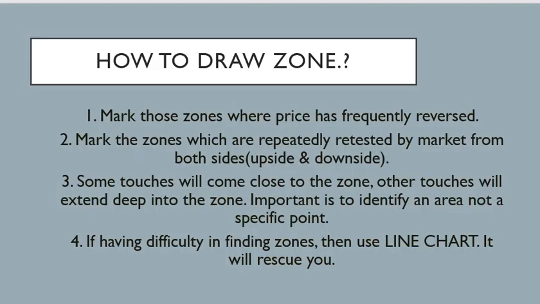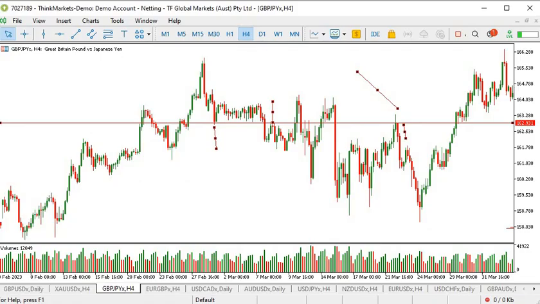So what does the fourth point say? It says if you are having difficulty in finding zones, then use the line chart. It will rescue you most of the time. Let me show you how to draw zones on the line chart too. Let me take you to the charts.